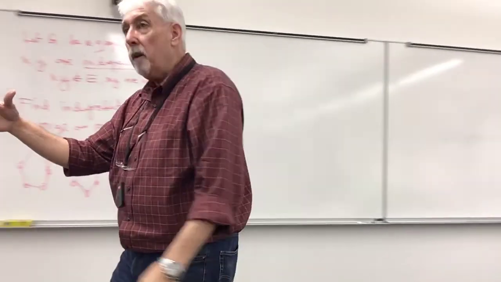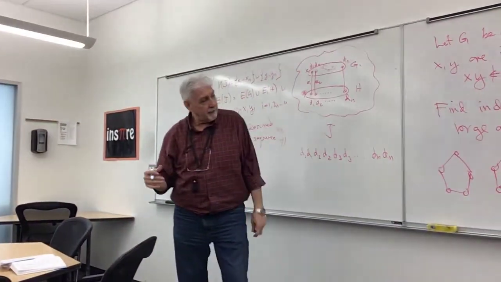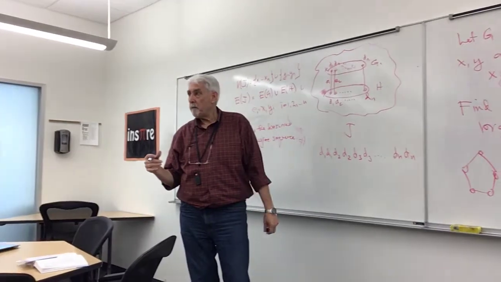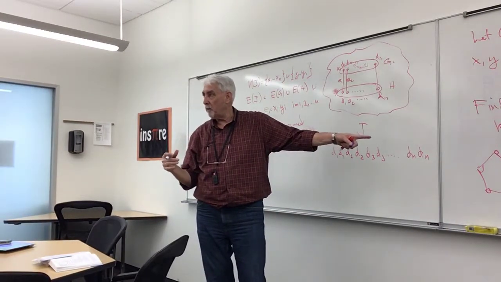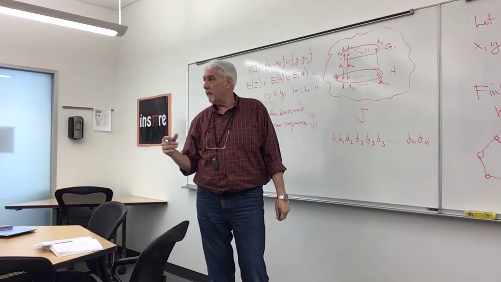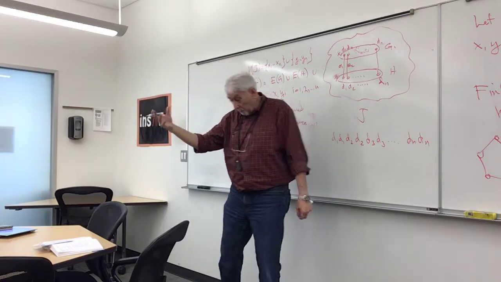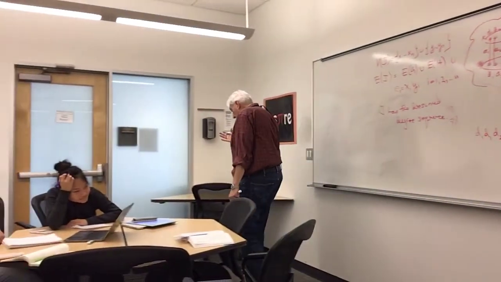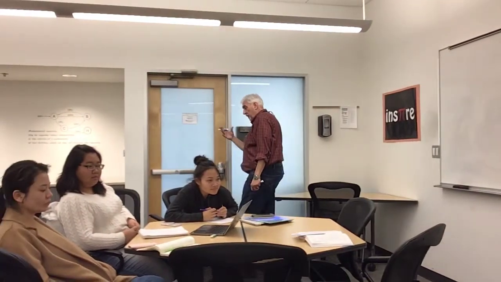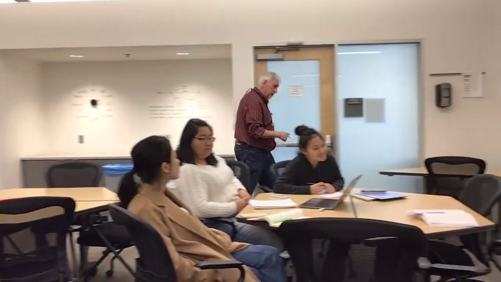So if I want to partition Q3, the three-dimensional cube, into sets of independent vertices, can you give me a partition of Q3 into 3 sets of independent vertices? Yeah, there's always a cheater in the room.